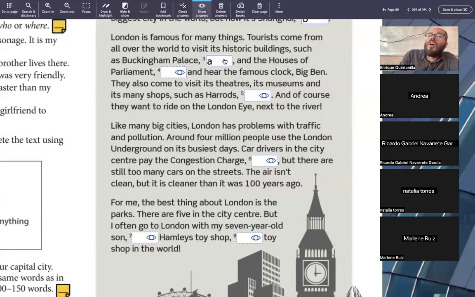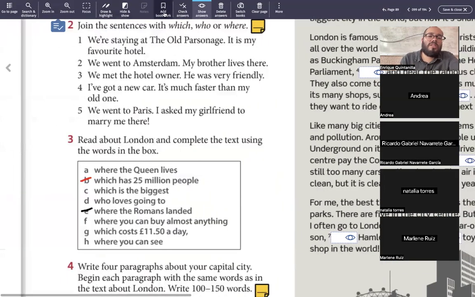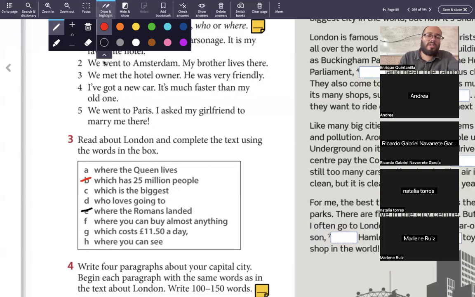Okay, so we continue. As the Buckingham Palace, where the queen lives or where the king lives, and the Houses of Parliament. Houses of Parliament, what is that? A place, a thing, or a people? That's a place, no? So, what is the answer?